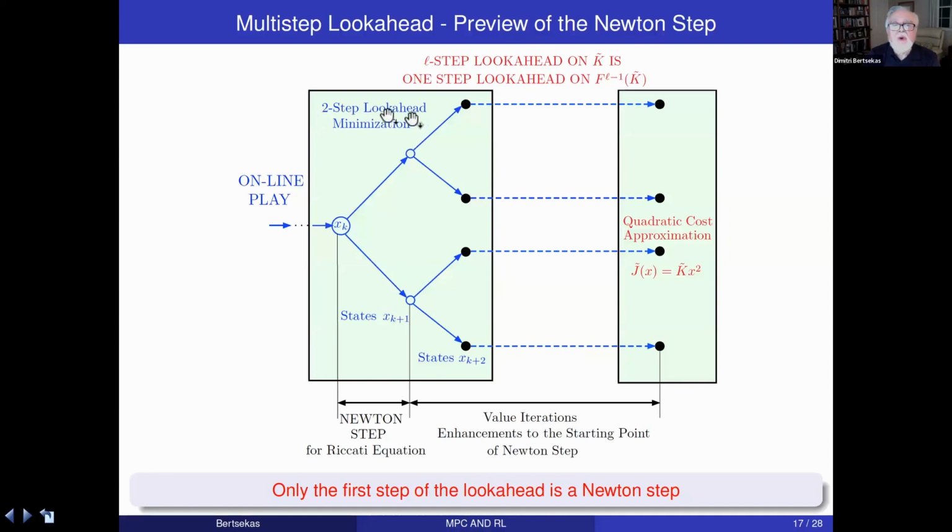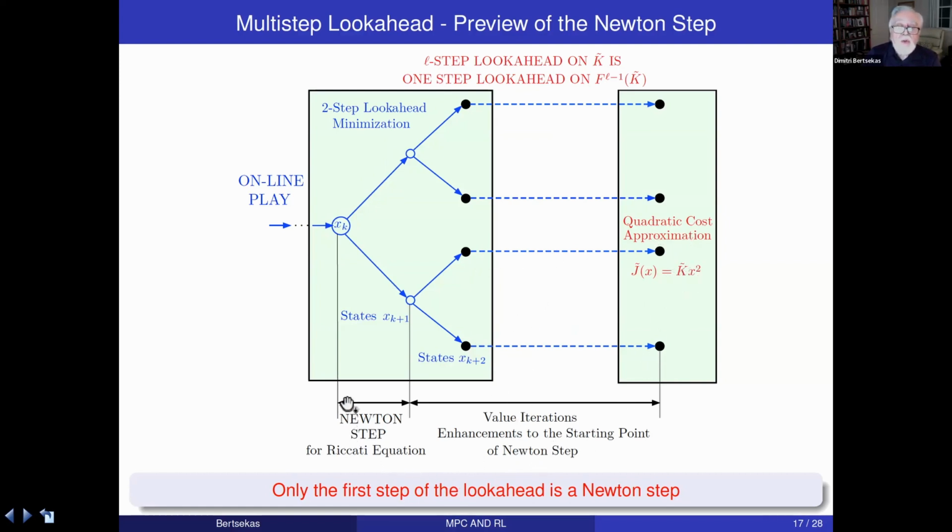So, for example, I'm showing here two-step look ahead minimization. At the current state, we apply one control to get to stage K plus 1, and then a second control to get to stage K plus 2. And then we consider a cost function approximation.